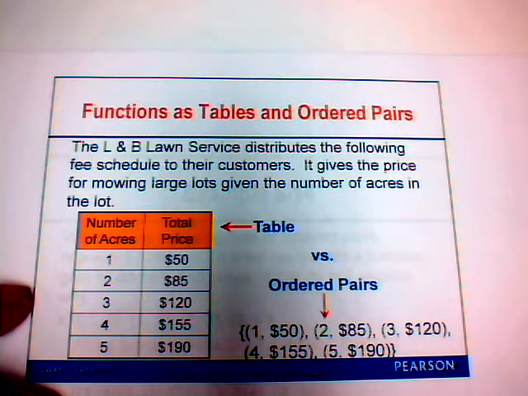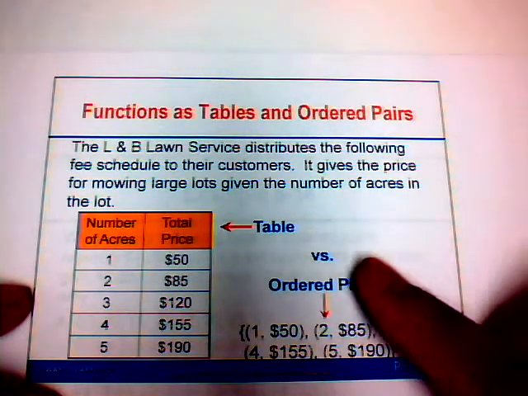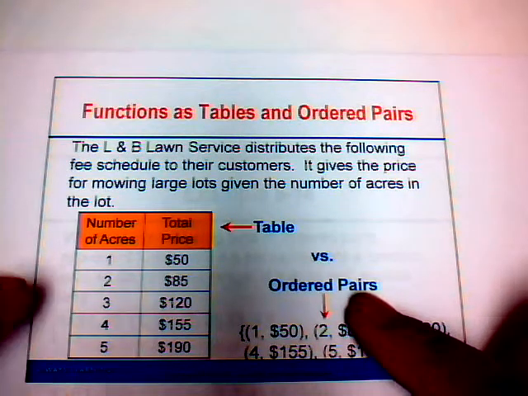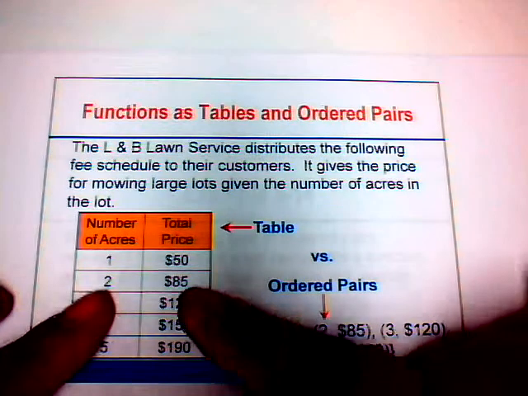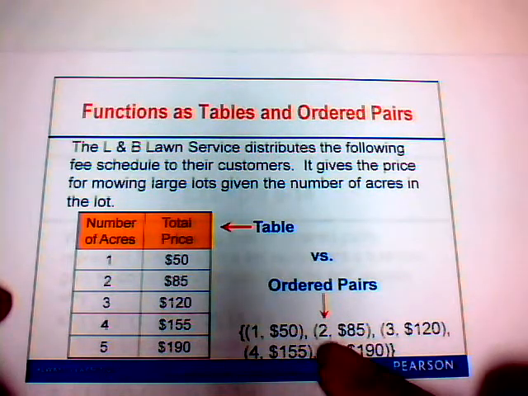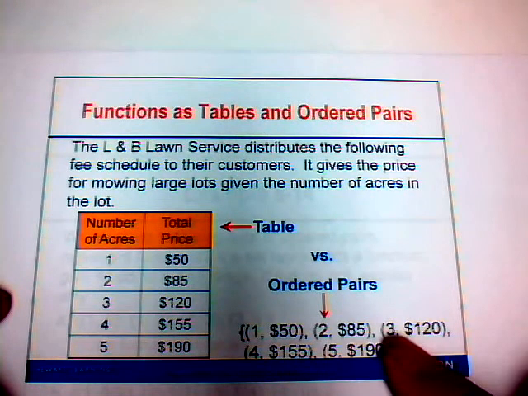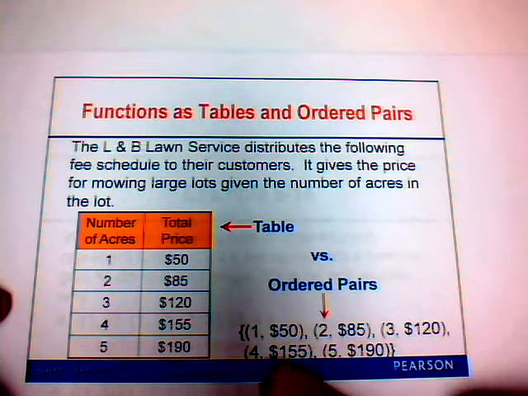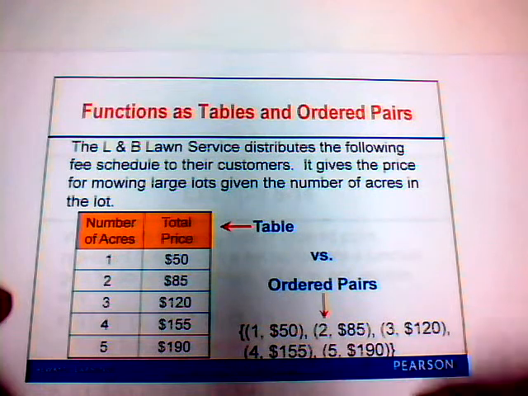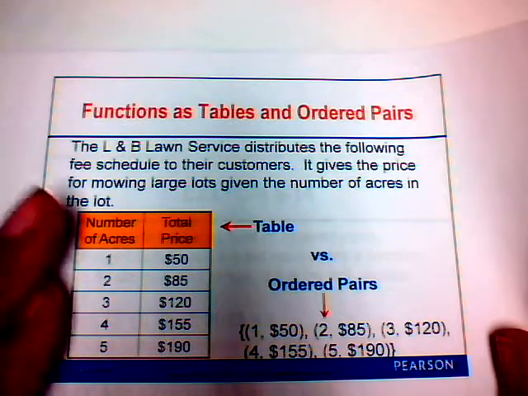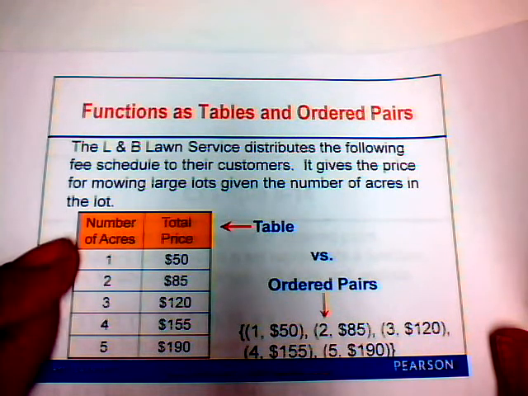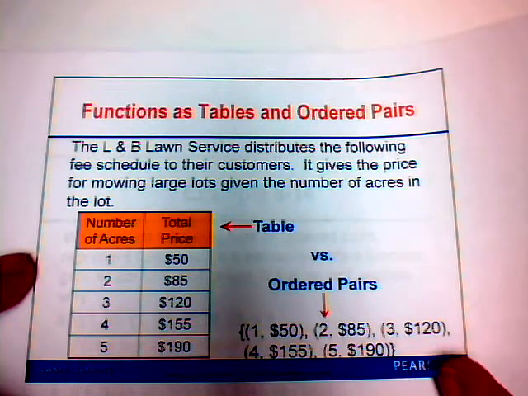Or we can represent that as ordered pairs. 1 is paired with 50, so that'd be 1 comma 50. And then for 2 and 85, that'll be 2 comma 85, 3 comma 120, 4 comma 155, and 5 comma 190. So we can represent functions as either a table or a set of ordered pairs.